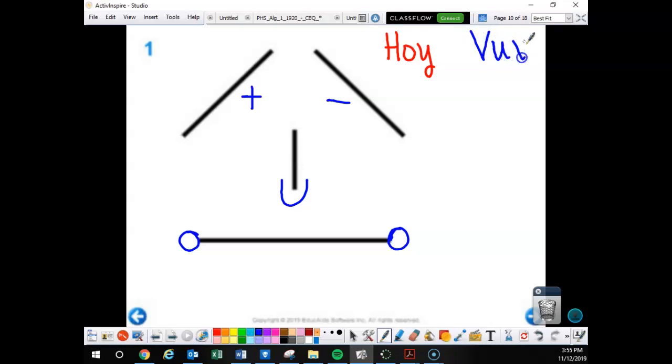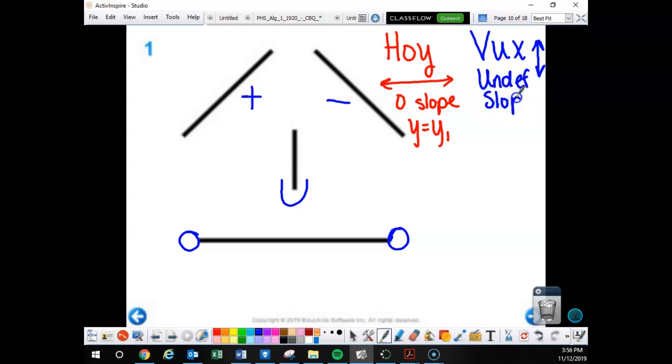If you have a horizontal line, that means it has zero slope, and the equation is going to be y equals the y value. If you have a vertical line, that means it's undefined slope, and the equation is going to be x equals the x value.